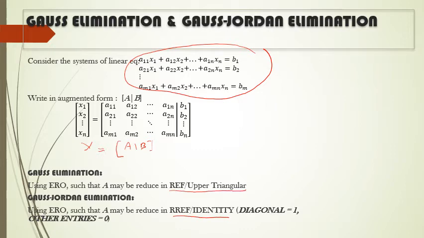So for both the Gauss and Gauss-Jordan methods, we use ERO to solve the system. But for Gauss elimination, we stop at upper triangular or REF. But for Gauss-Jordan, we stop at identity. So let us take a look at the example.